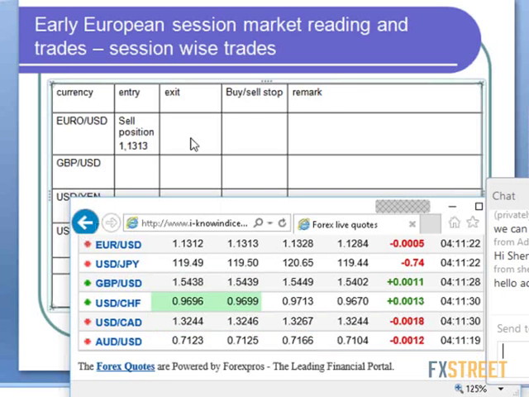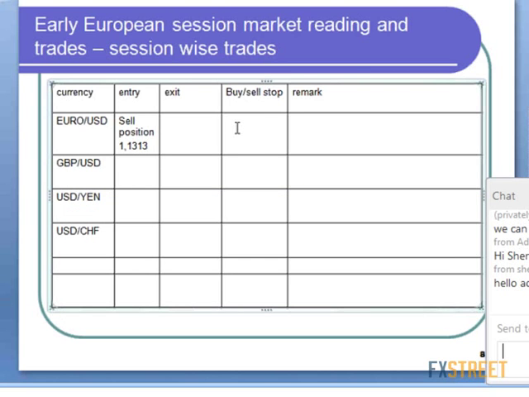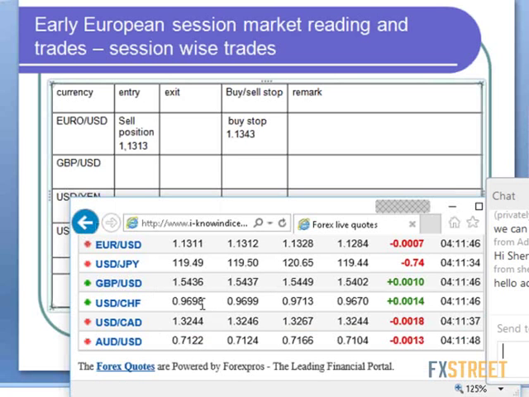$1.1313 with the 30 pips hedge order. The hedge order will be a buy stop in the MetaTrader platform, 30 pips above, 1.1343. Then in the case of GBP, 1.5436.